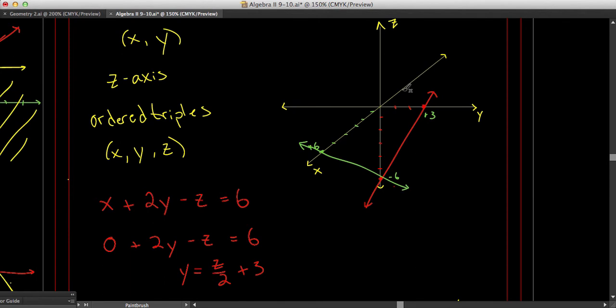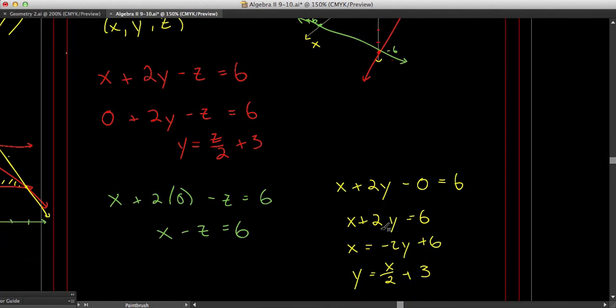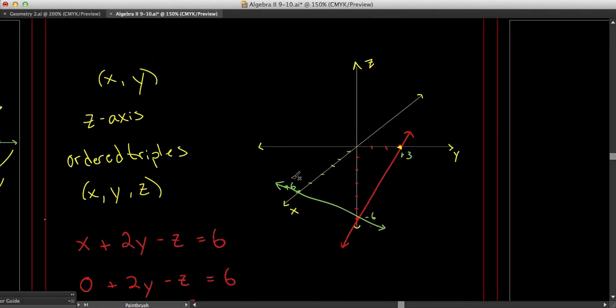Now all you have to do for this is actually just look at this kind of sideways plane right here and imagine that you're looking down on it. So our y-intercept is going to be positive 3, which is this point here. And then our x-intercept is going to be positive 6. And here it is, this point again.